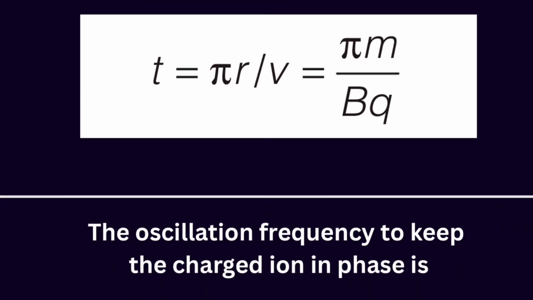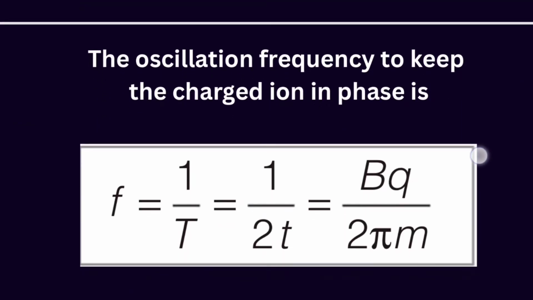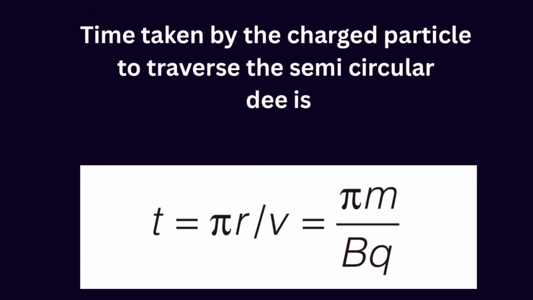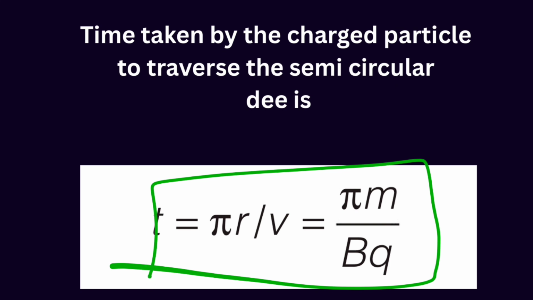Now the oscillation frequency to keep the charged ion in phase is f equals 1 by T, where T is the time period. We have calculated previously that for a semicircular dee, the time taken is pi m by B q.